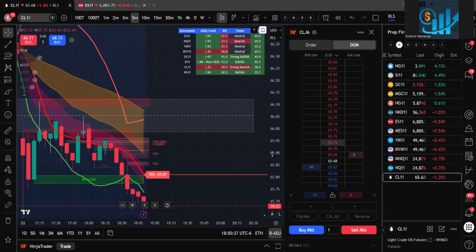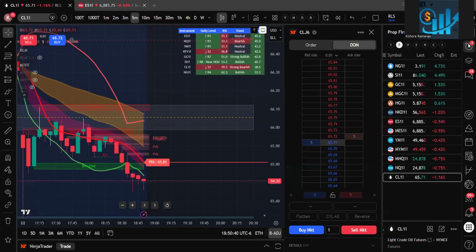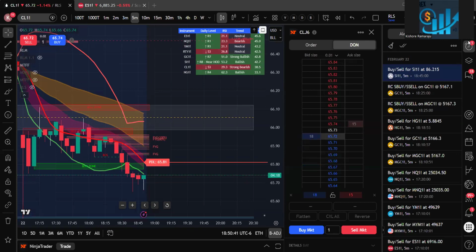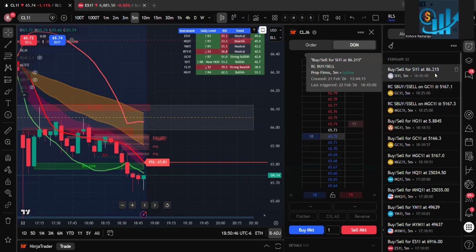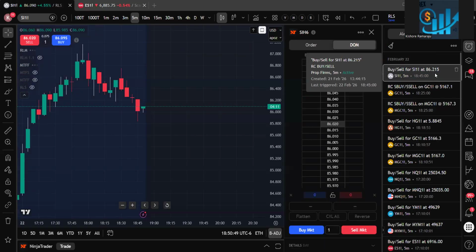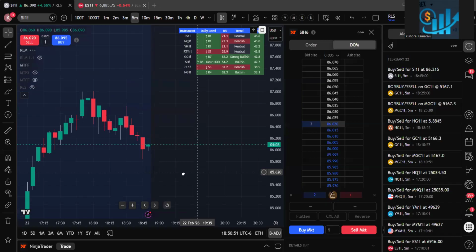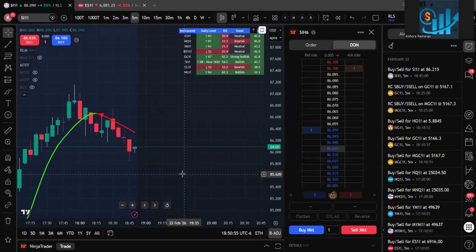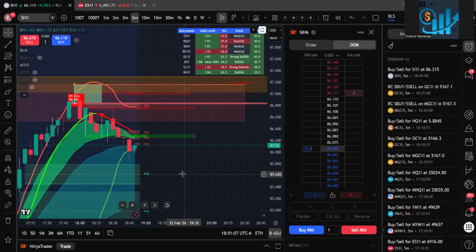So now, if you get a buy signal on silver, that will be a good opportunity again.